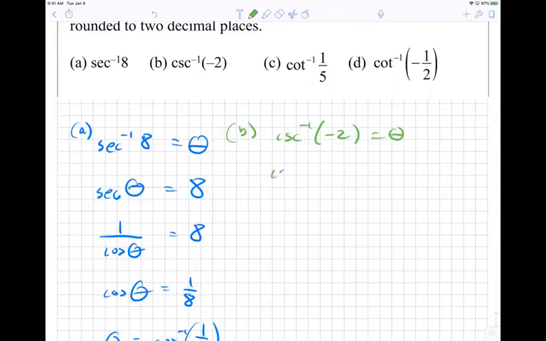Cosecant theta equals -2. So then what cosecant is the reciprocal of? This means 1 over sine of theta equals -2. So then sine of theta equals -1 over 2, right?